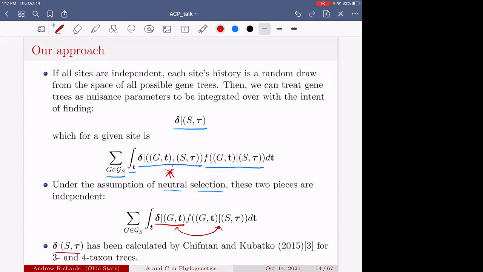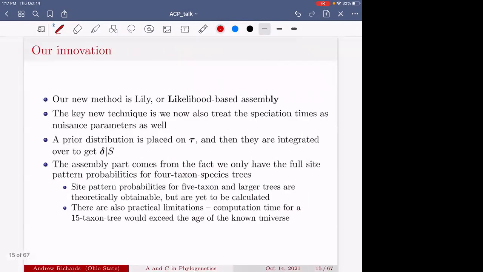So they calculated this out, integrated over the gene trees, and found site pattern probabilities given speciation times and the topology. And so our new method, which we call LILY, which stands for likelihood-based assembly, is to now treat the speciation times as nuisance parameters as well.